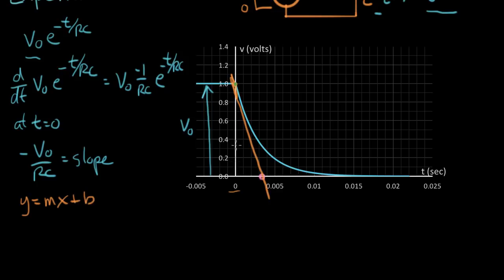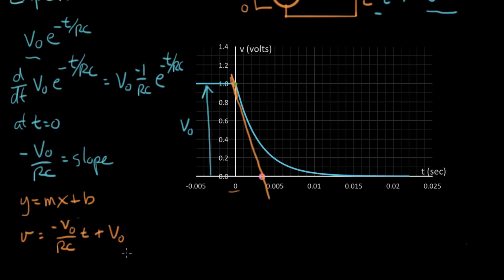B is the intercept on the voltage axis. M is the slope. I can plug in my values here for our chart. Y is the voltage axis. We know what the slope is. It's sitting right here. It's minus V naught over RC. And we multiply by time. And we add the y-intercept, or the voltage intercept, which we know is V naught, plus V naught.